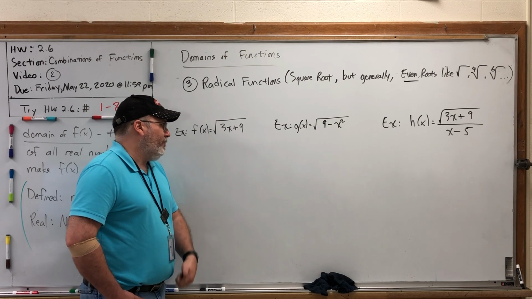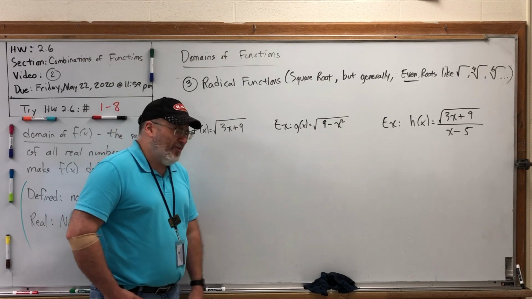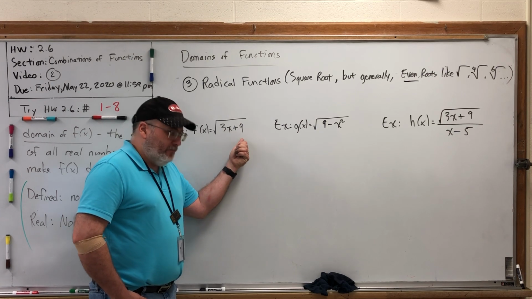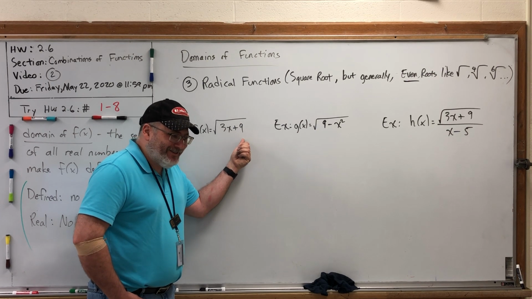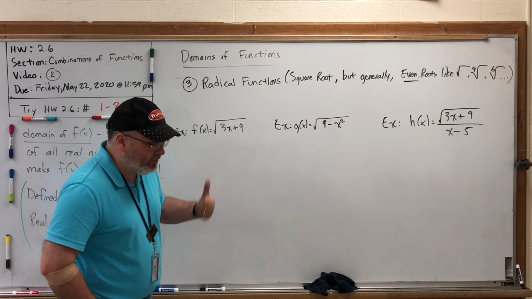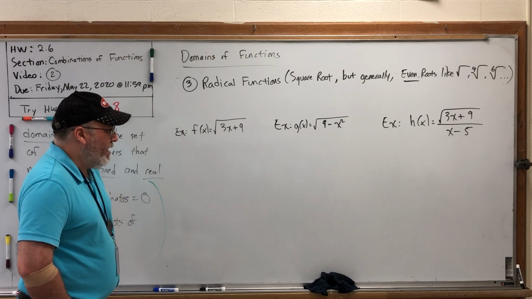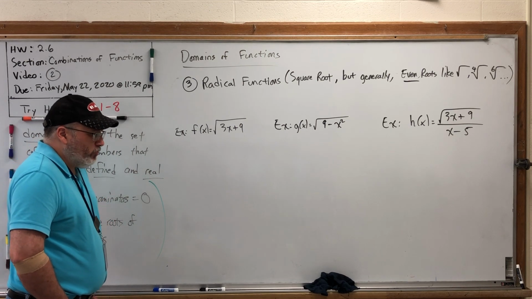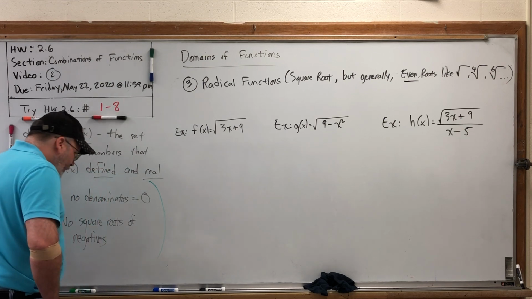Well, 3 times negative 1 is negative 3. Negative 3 plus 9 is 6, and although the square root of 6 is irrational, it is real because it's a positive number under the radical sign. So what numbers will keep this greater than or equal to 0? Well, wait a second.